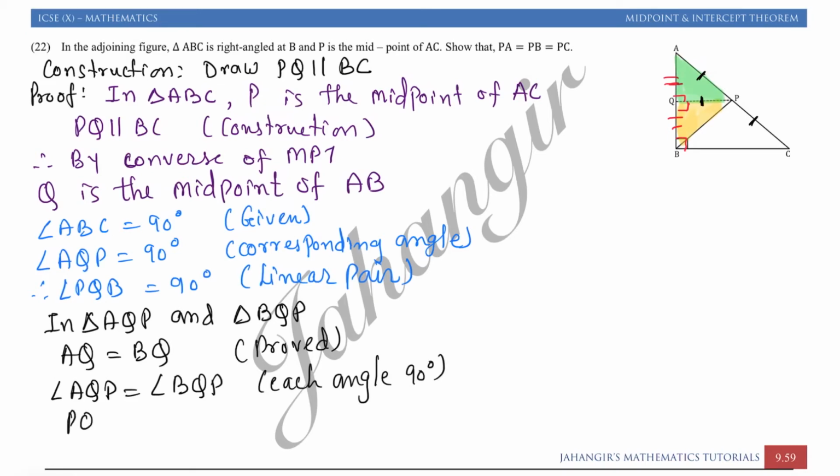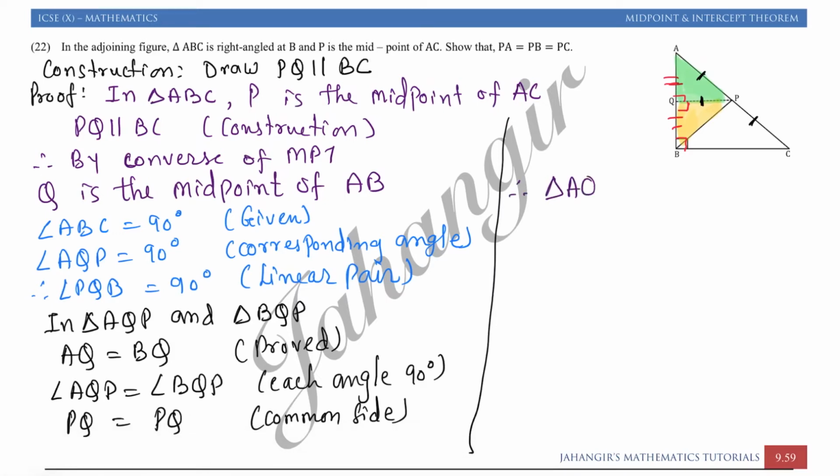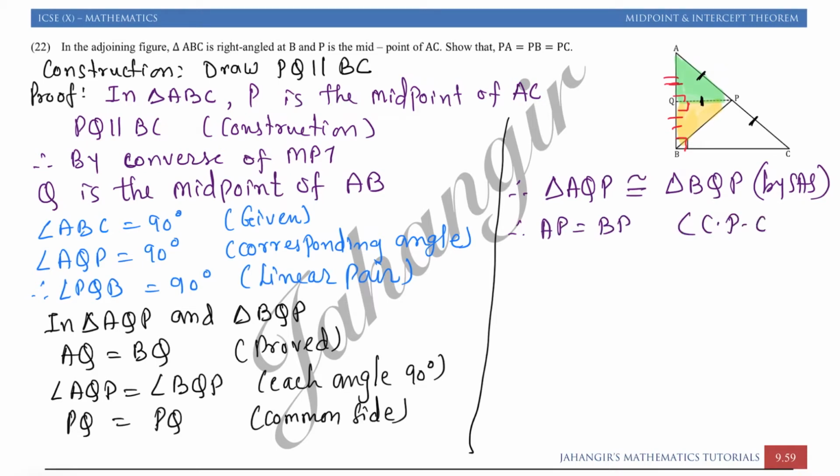And PQ is equal to PQ, common side. Therefore, we can say both triangles are congruent. Therefore, triangle AQP is congruent to triangle BQP by side angle side test. So, therefore, we can say AP is equal to BP, corresponding parts of congruent triangles.